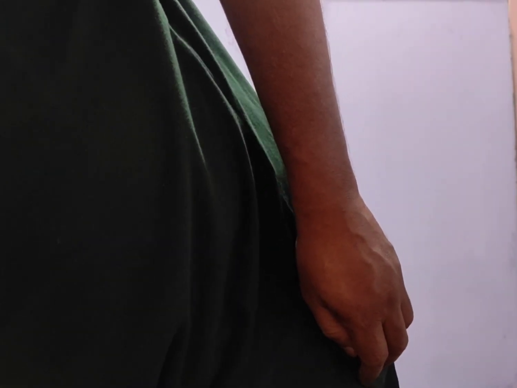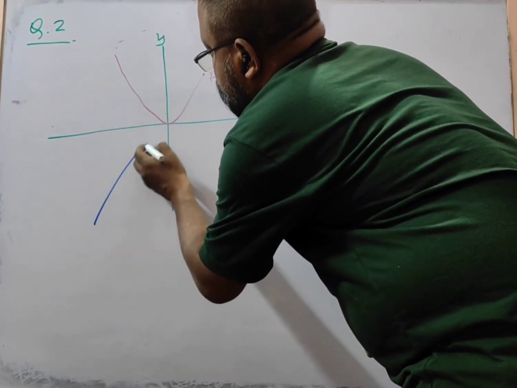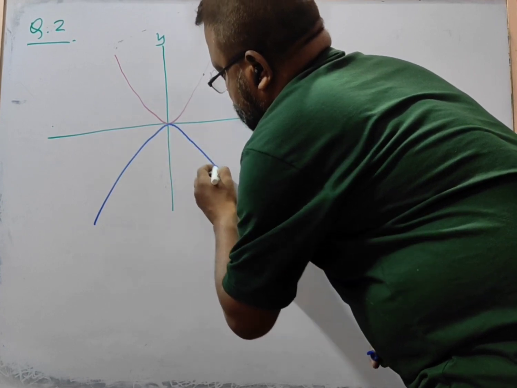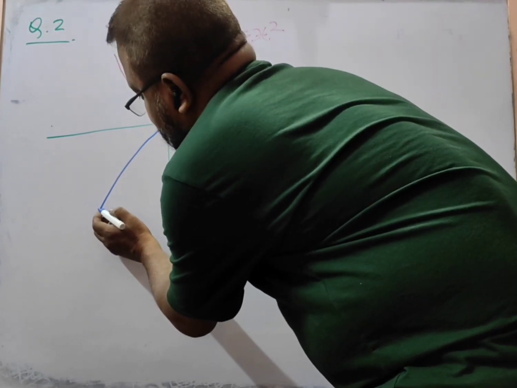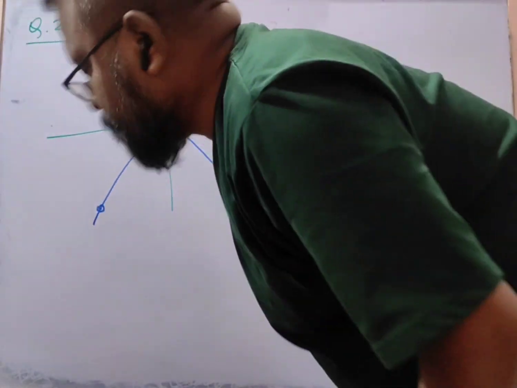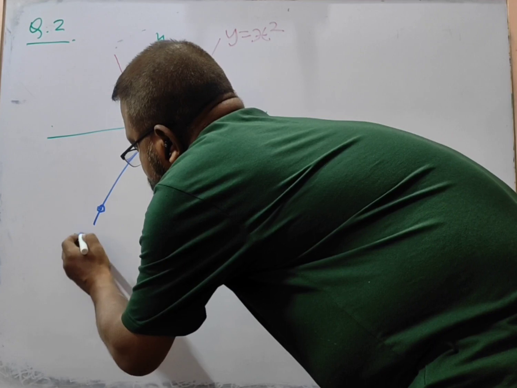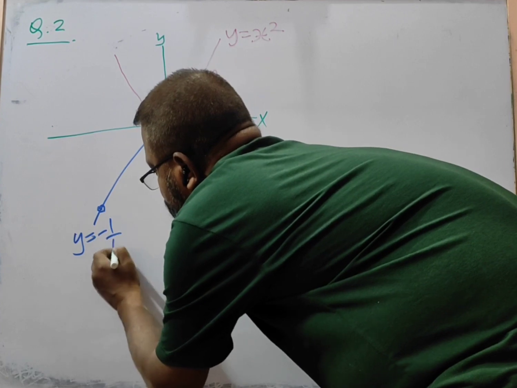and there is another parabola that is in downward direction like this, and it is also passing through origin, right? And it is having a point B here, and this was point A, and this belongs to the parabolic equation y is equal to minus 1 upon 4 x square.